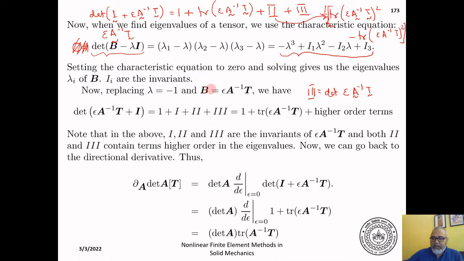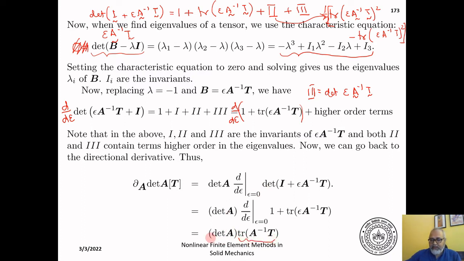Now I have to do d epsilon of this. d epsilon of 1 is of course 0, and d epsilon of this would be epsilon times trace a inverse t, and then d epsilon of that would be just trace a inverse t, and that is what remains.